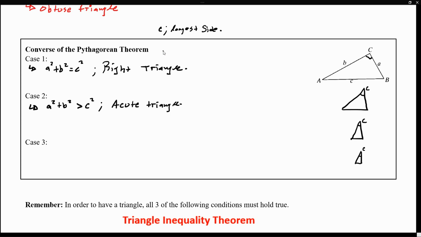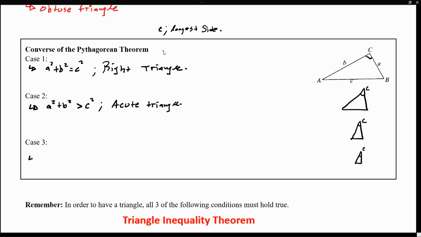So therefore, if I know that it's exactly 90 degrees, I have a right triangle. So if this side square is smaller than the two leg squares, that means that this angle must be less than 90 degrees, and therefore it fits the definition of an acute triangle.